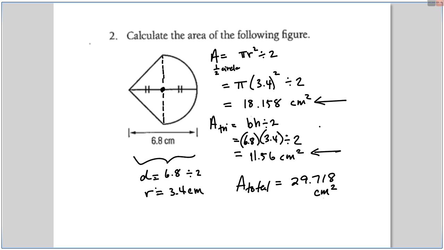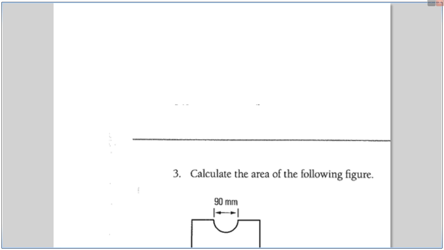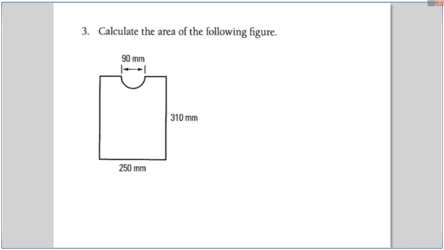Alright, so what shapes do we have for number 3? What shapes do we have for number 3, guys? Half circle and a rectangle? Alright, so if you were to calculate the area of the rectangle, draw this line in here.